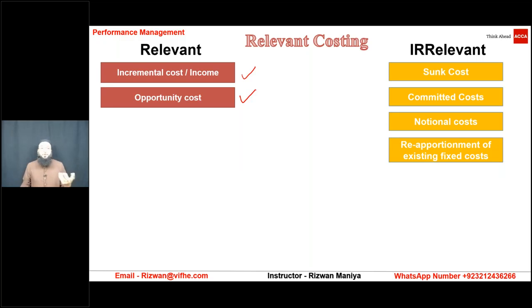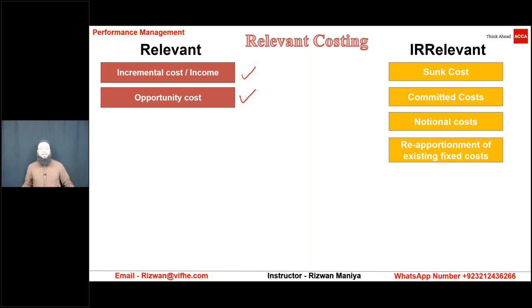So what is opportunity cost? Cost of second best alternative. So be clear about it. There are two options. Option one is to do a job of 200,000, and you have another option, job two, giving you 150,000.